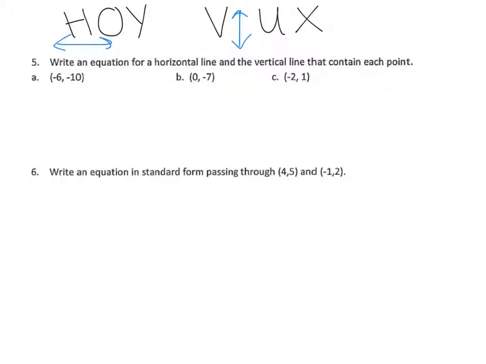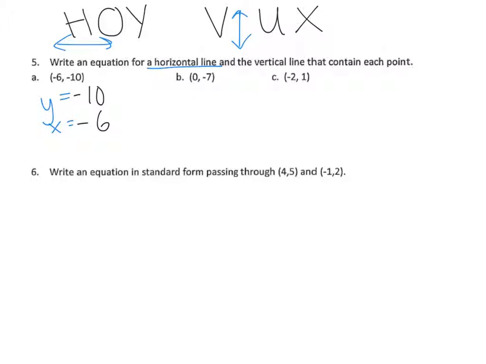It says write an equation for the horizontal line. So the horizontal line is going to be y equals. And then what does y equal? Does y equal -6 or -10? y equals -10. So there's my equation for the horizontal line. The vertical line is x equals, what does x equal? -6 or -10? x equals -6.